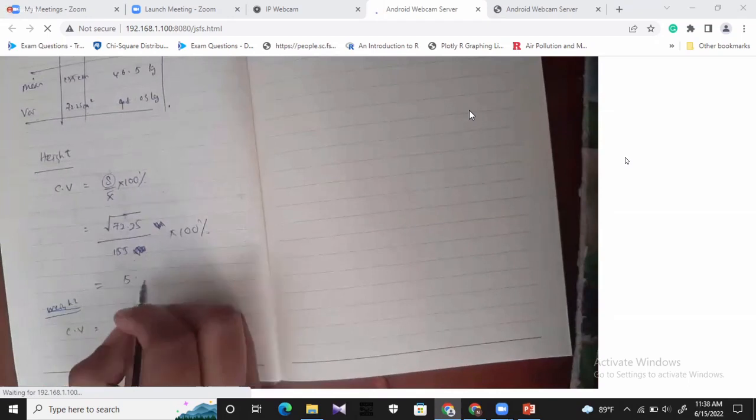There are 22 students. Did anyone find that value? Yes or no? Is it 5.48?